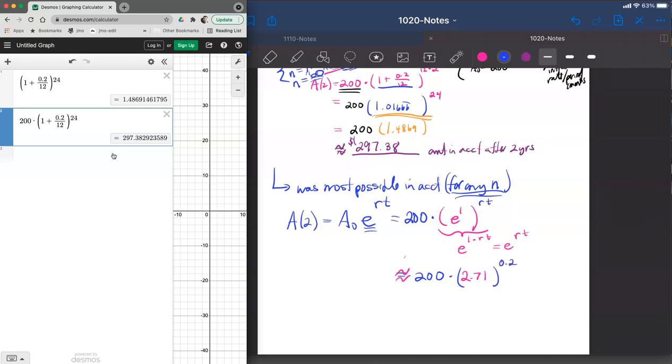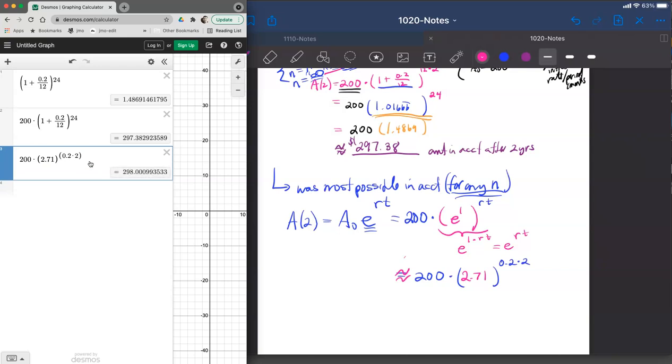And then we bring in our interest rate, 0.2, and then we bring in our time period of 2 years. What we can see here is that the maximum amount our $200 could have grown to would have been 2.71, or e dollars, raised to the 0.2 times 2. Sorry, Desmos giving me a little trouble here. Times 2 with the decimals.